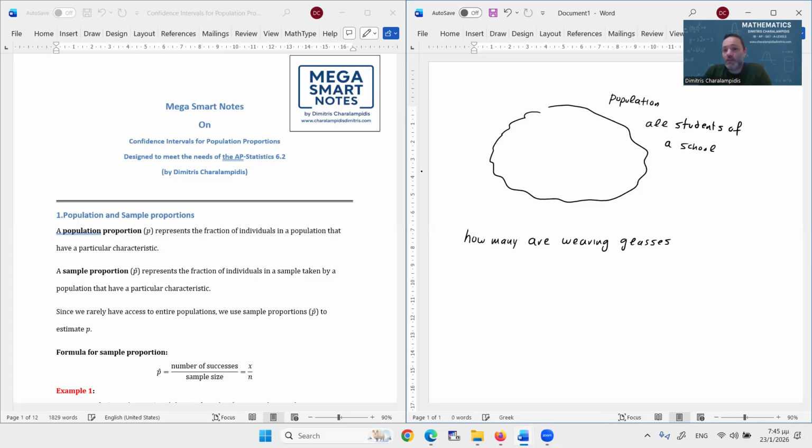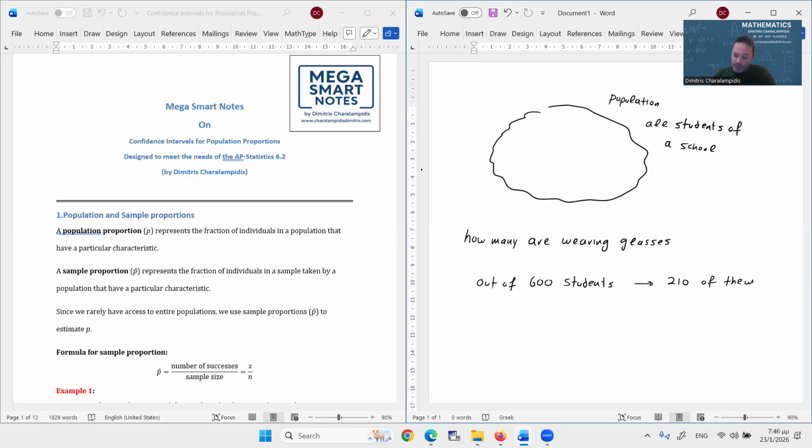Now, for the size of my school that consists of around 600 students, it might be easy to estimate this proportion. So let's say that out of 600 students, I found that actually 210 of them wear glasses.